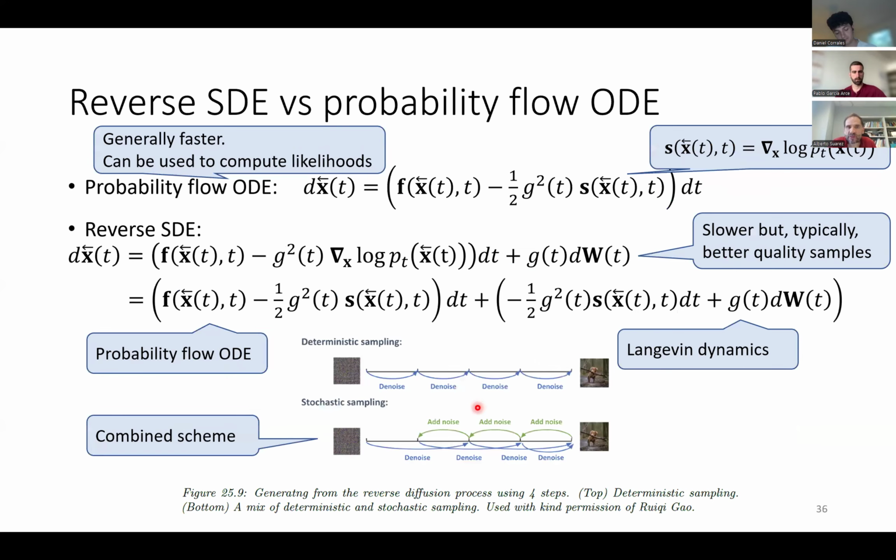If you use the ODE, which you can show is equivalent to the reverse SDE, you could actually use fewer steps in the generation part.